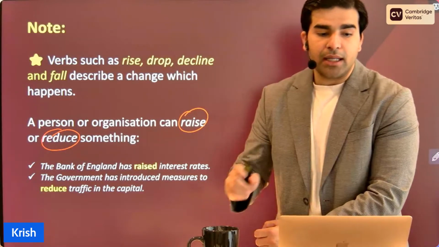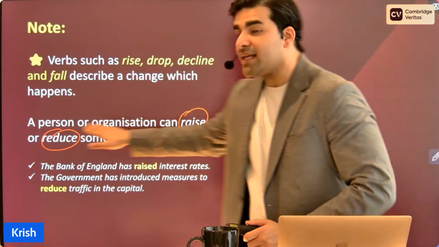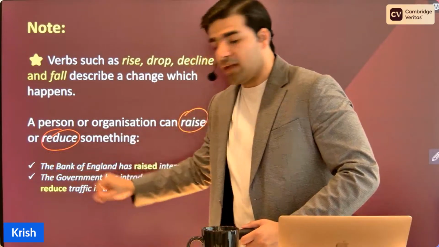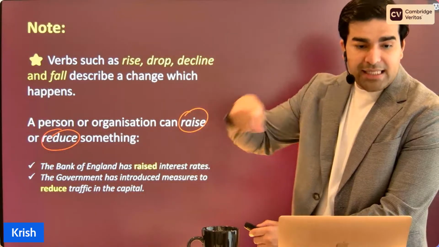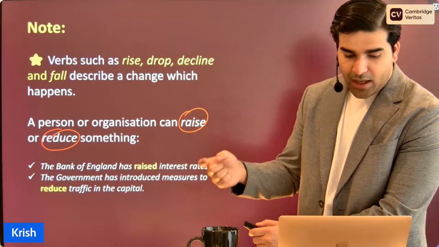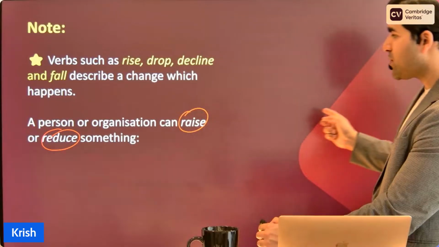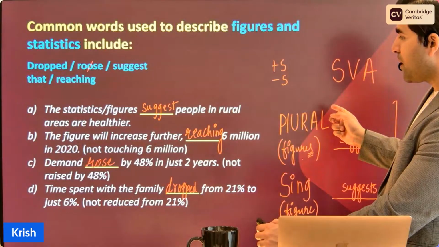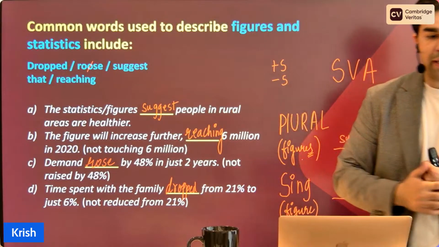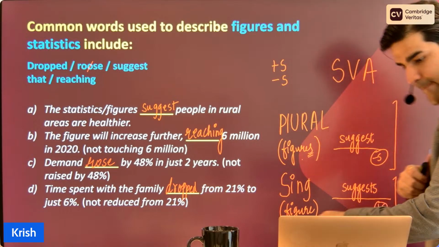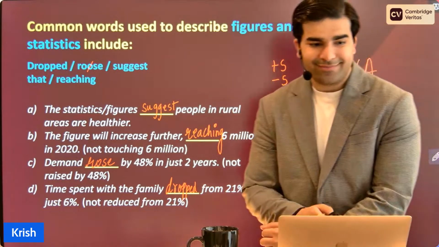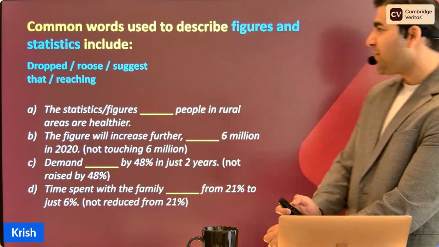So just remember that a person or organization can raise or reduce something. It describes change that's taking place. By the way, if you did not take a picture of this one, please do, because we're now going to be using it as we play the game. We'll play a live exercise here. All right, here we go.